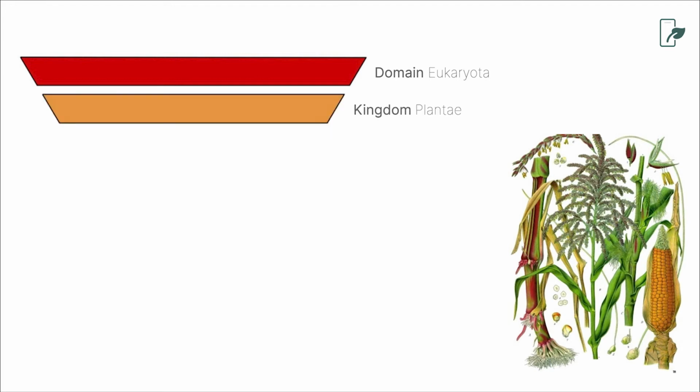And then kingdom: there are 4 main kingdoms, plants, animals, fungi, and another one that we won't go into. So it's obviously plants. The phylum, or division as it sometimes is known, falls within flowering plants. There are non-flowering plants, seed-bearing plants, spore-bearing plants. These are all quite high-level divisions.